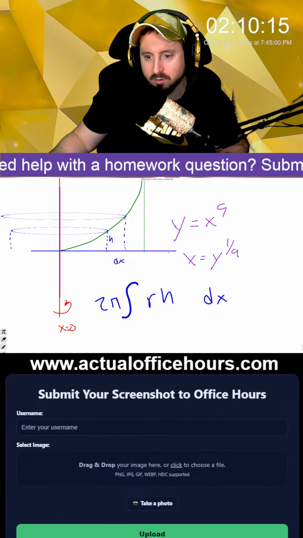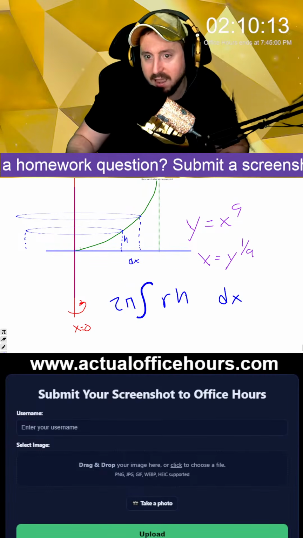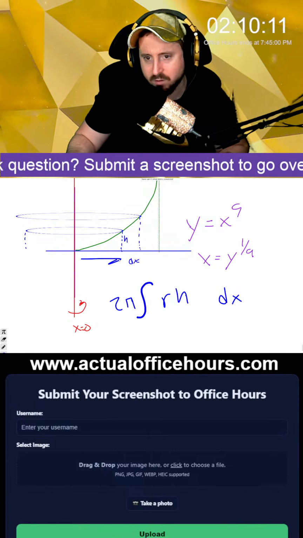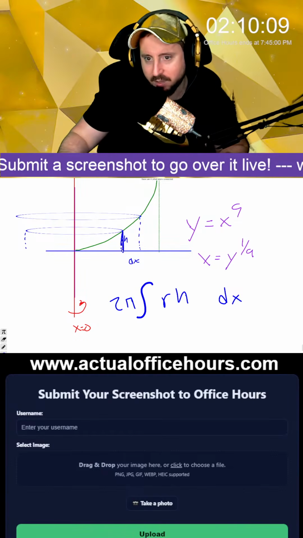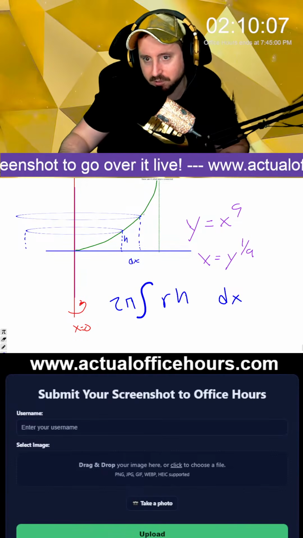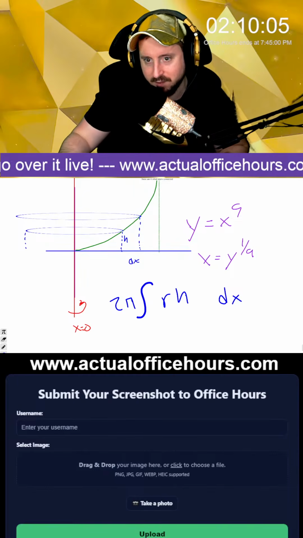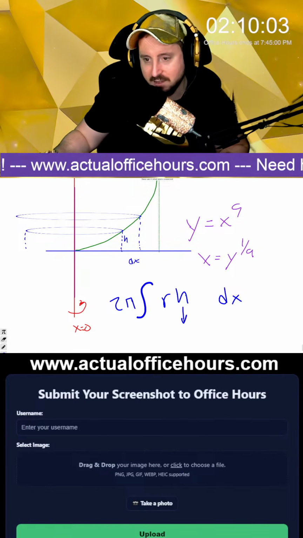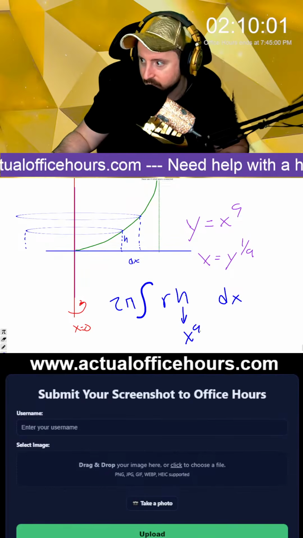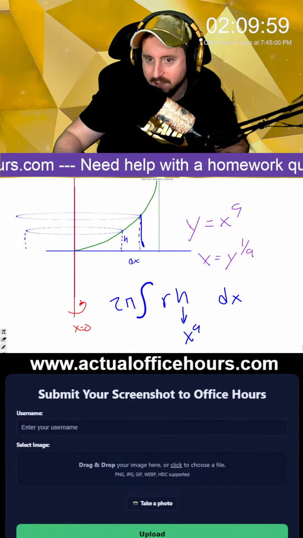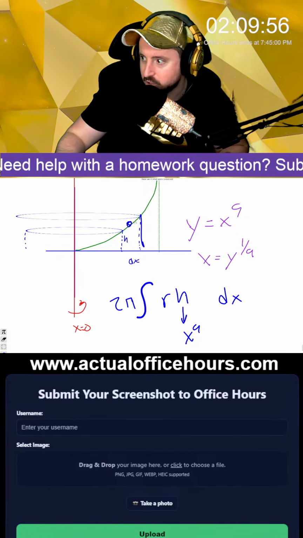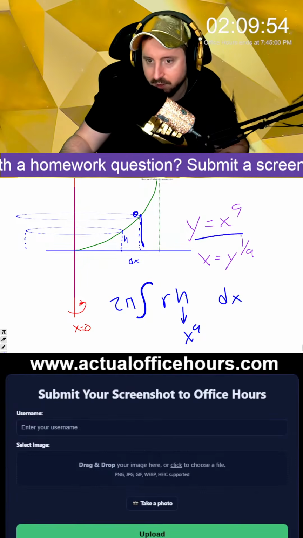So you have to come up with equations for these. As you're going out in terms of x, you see how the height of the cylinder here is this, and then the height of the cylinder is this? The height is just equal to x to the 9th, because it's just the y value of whatever this function was, which is y equals x to the 9th.